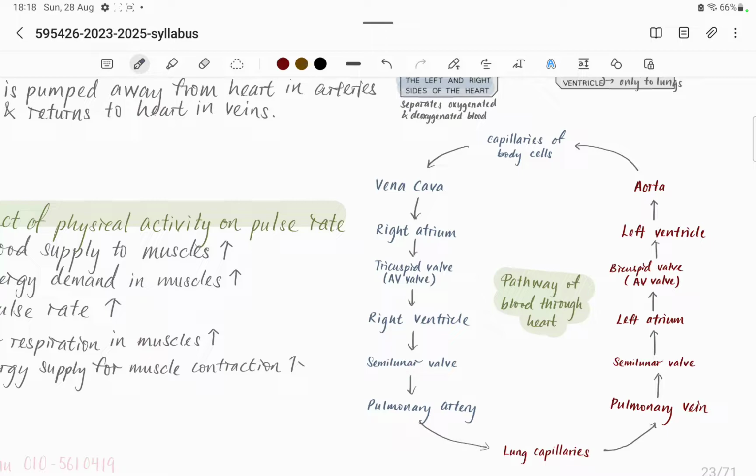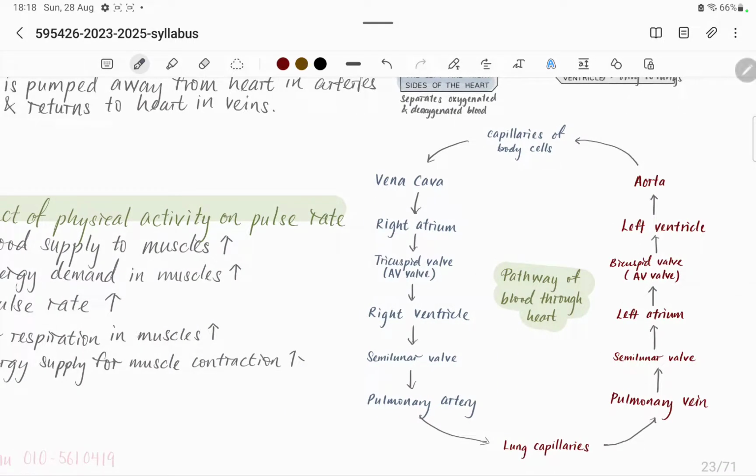So the valve between these two chambers, we call it as AV valve. So from atrium to ventricle, and then semilunar valve to the pulmonary artery, and then gaseous exchange at the lung capillaries. Back to the pulmonary vein, semilunar valve, left atrium, bicuspid valve, left ventricle, aorta.